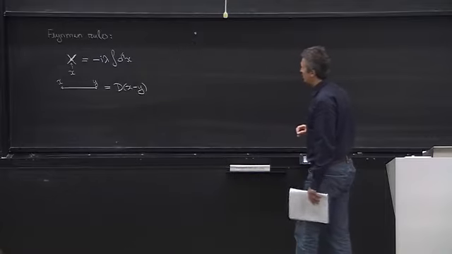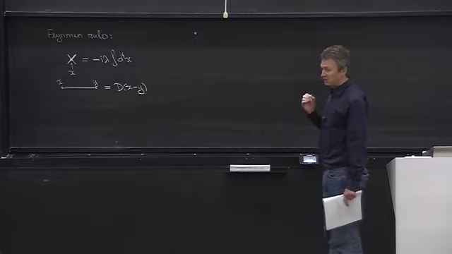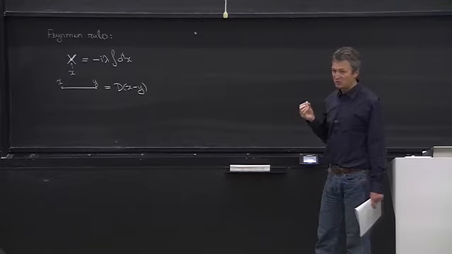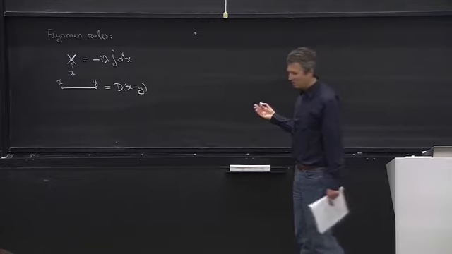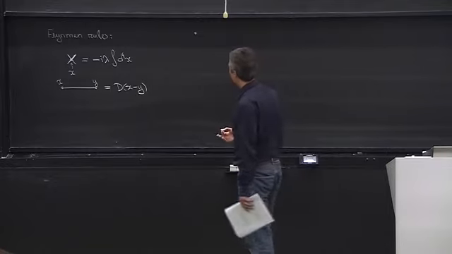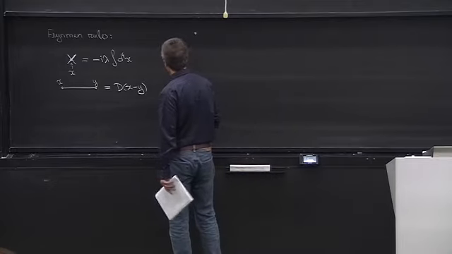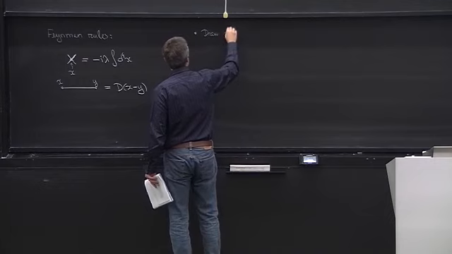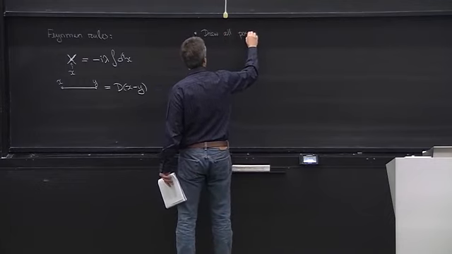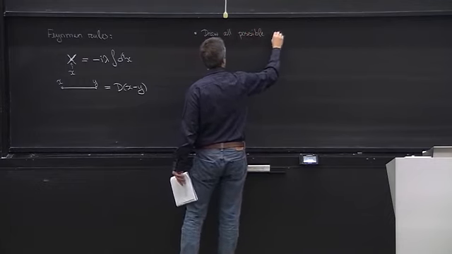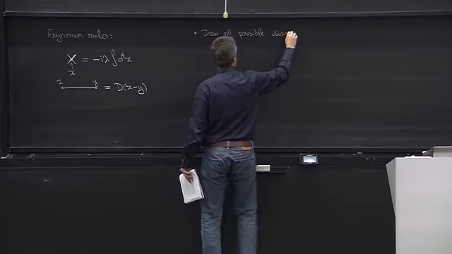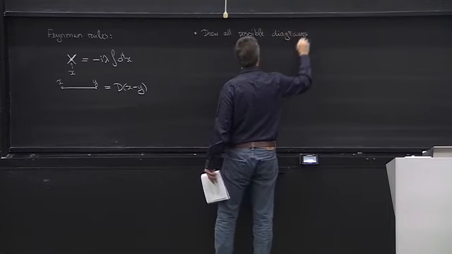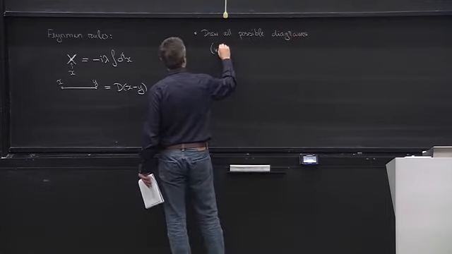The idea is that to compute a Green's function to any given order in lambda, you should draw all possible diagrams, but without vacuum bubbles.